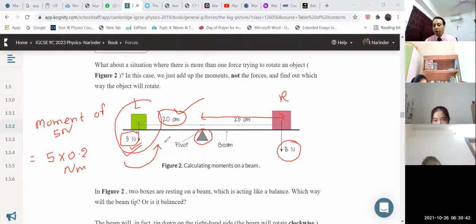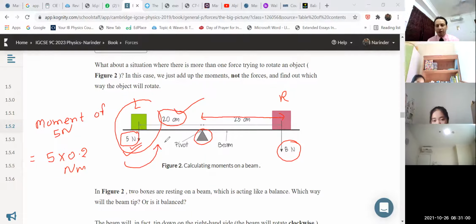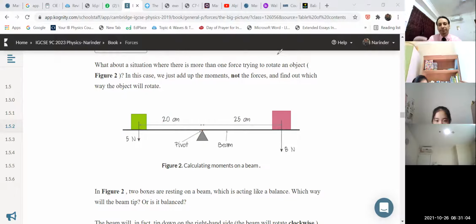Either it can be clockwise or anti-clockwise. So here, due to the weight on the left hand side, due to a force of 5 Newton acting at a distance of 20 centimeter, this object will rotate about the pivot in the anti-clockwise direction.